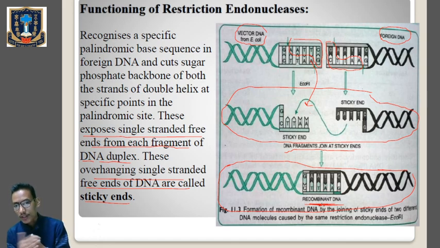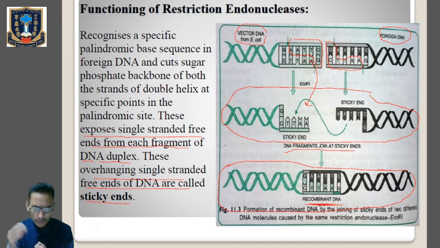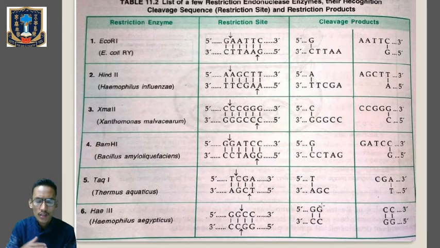And for this we also require the enzyme DNA polymerase, right? We also require reverse transcriptase, and alkaline phosphatase. Okay, and whenever the sticky ends are joined with the help of DNA ligase, a new DNA is produced which is called recombinant DNA. Okay, so this is mainly the functioning of restriction endonuclease enzymes.